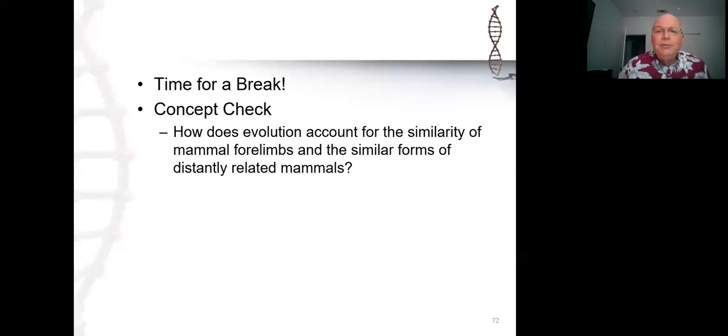Anyway, the reason why these similar forms exist between very distantly related organisms is because of convergent evolution. Converging on a common solution or a similar solution to a common problem. In this case, with birds and bats, how to fly using wings, and then insects come up with a completely different version of the wing. And in the case of the sugar glider and the flying squirrel, how to glide between trees without wings.